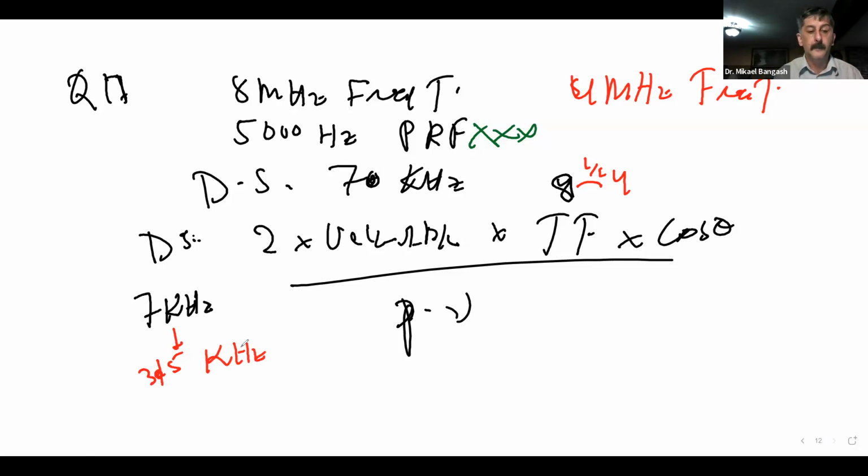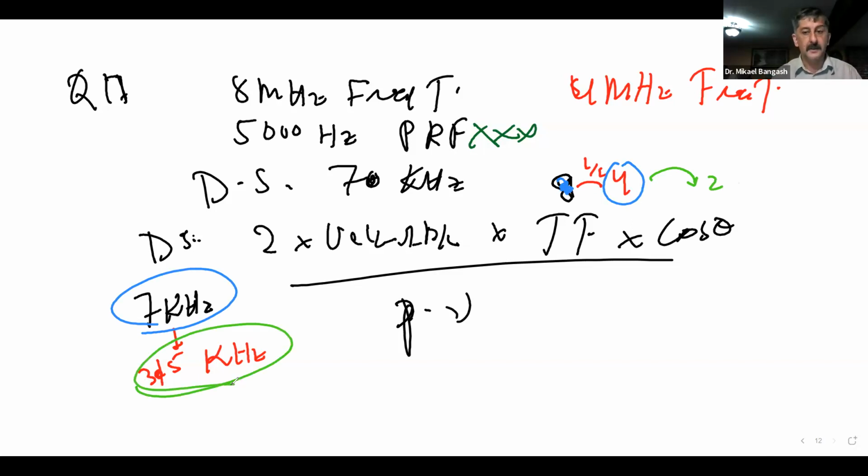It could have been the same question where we said if our initial Doppler shift of 7 kilohertz was with a 4 megahertz transducer, and it reduces to half, let's say 2 kilohertz, then the Doppler shift would have been this.